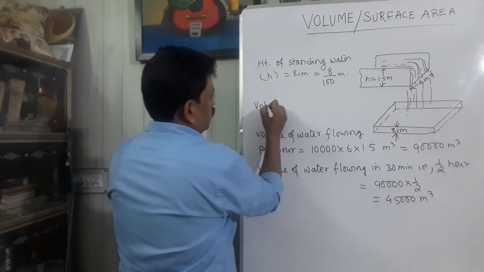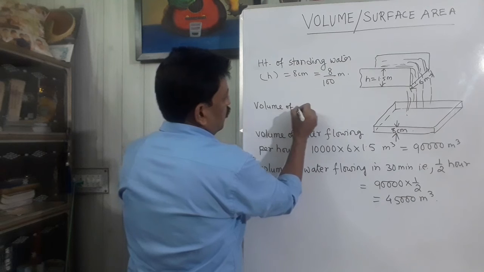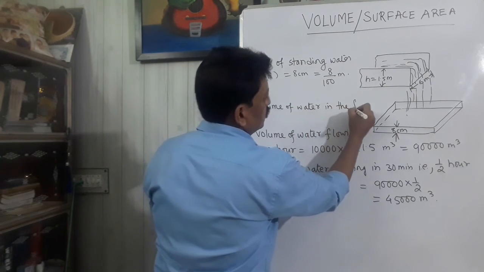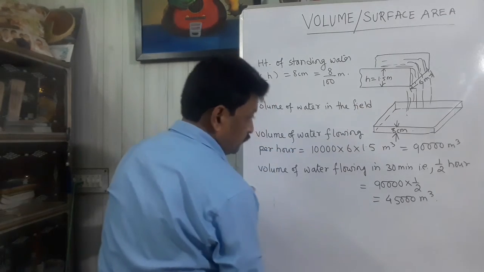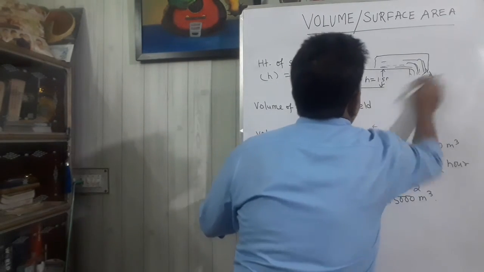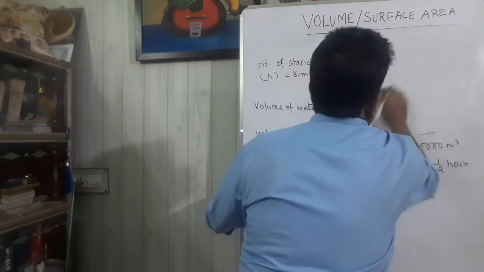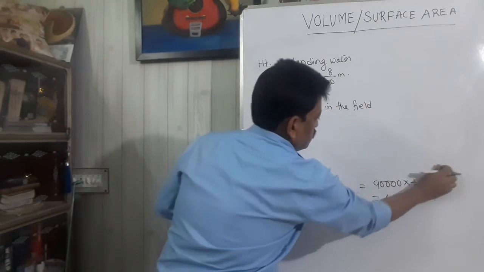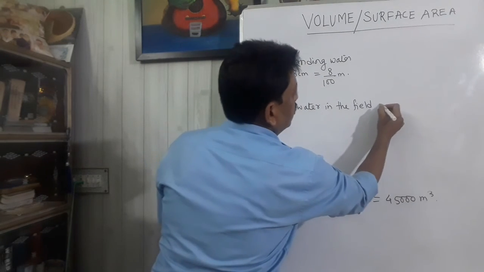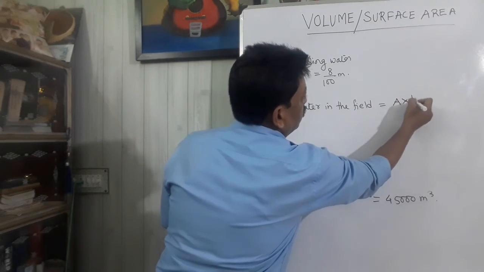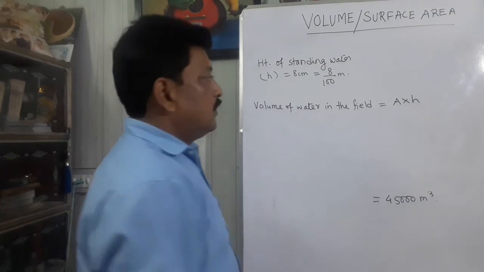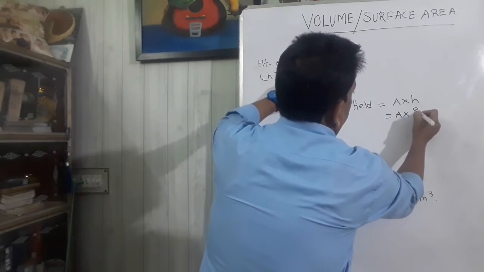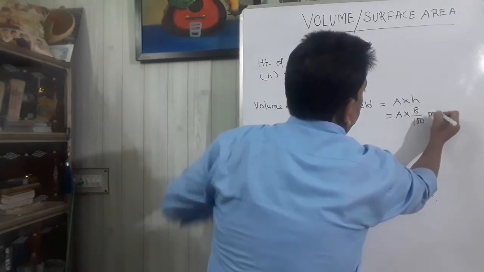So volume of water in the field equals to area multiplied with h, height. Area we don't know, we have to find it. H is 8 upon 100 meter cube.